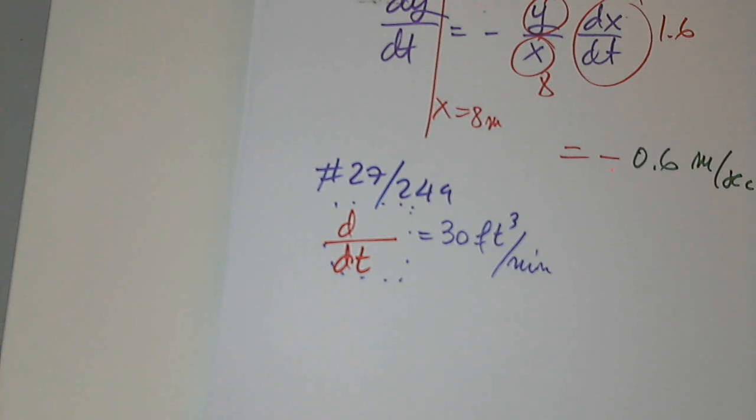What do we measure in cubic feet? Indeed. It must be dV over dt, right? If I had 30 feet per minute, it's very clear. It's distance with respect to time. If I had square feet, it's definitely the change of what we measure in square feet, area, of course, with respect to time. But if I see cubic feet, it's absolutely clear. It must be volume. Agreed?